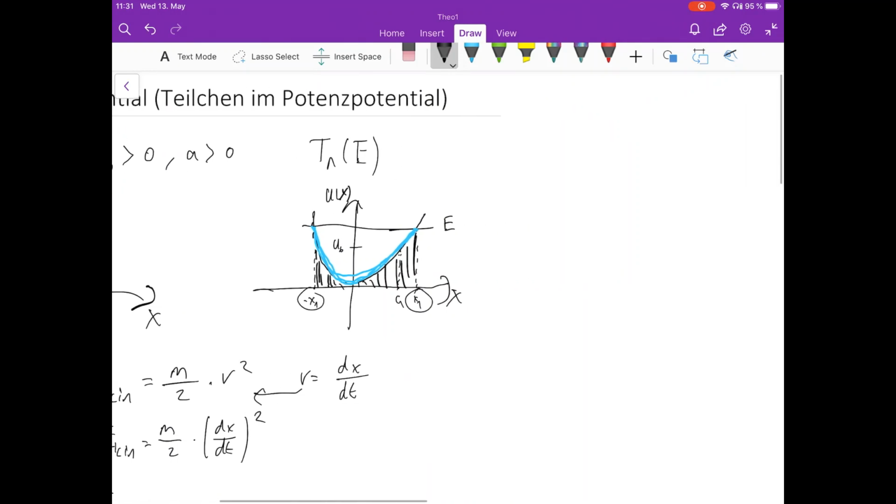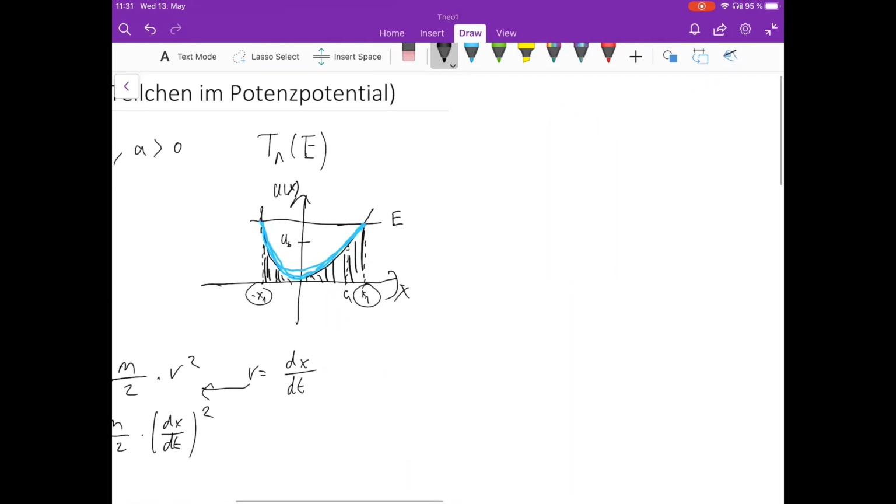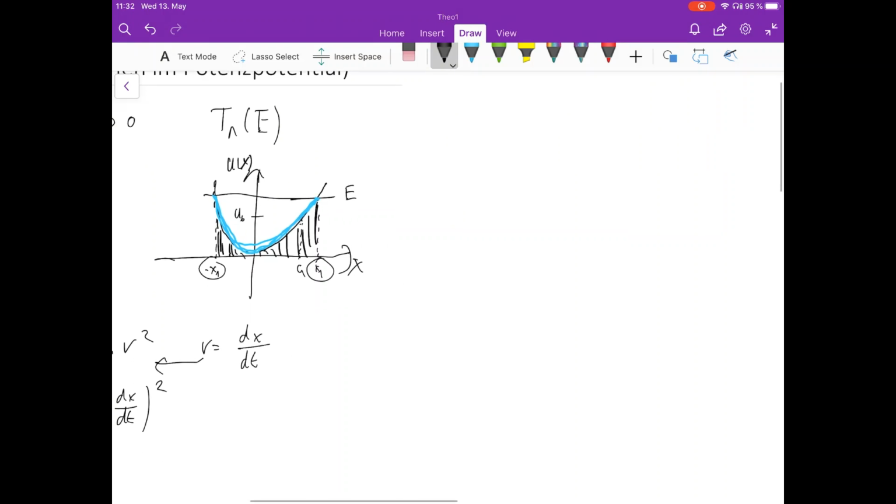So we have a given energy level, and we have a maximum energy, which is at the point x1.